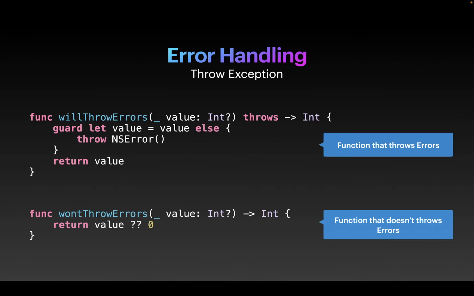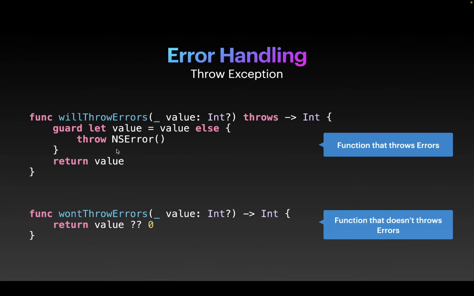Now let's take a look at how we actually throw something inside the function body. I expand the two functions I showed before. In the first one, we're going to throw something. I use if let to unwrap a value, which is an argument passed in. If the value is nil, I'm going to throw some error.